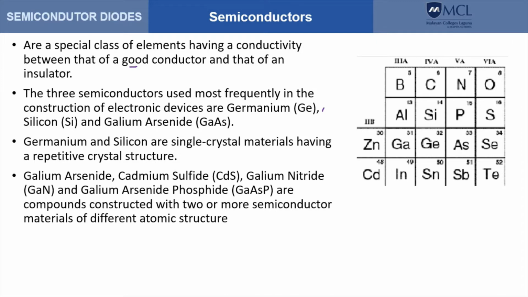Germanium and silicon are single crystal materials having a repetitive crystal structure, while gallium arsenide, along with other compounds like cadmium sulfide, gallium nitride, and gallium arsenide phosphide, are constructed with two or more semiconductor materials of different atomic structure.